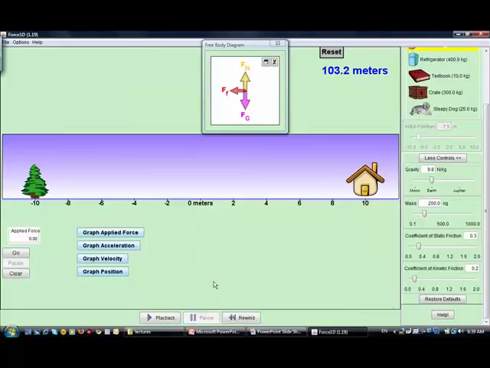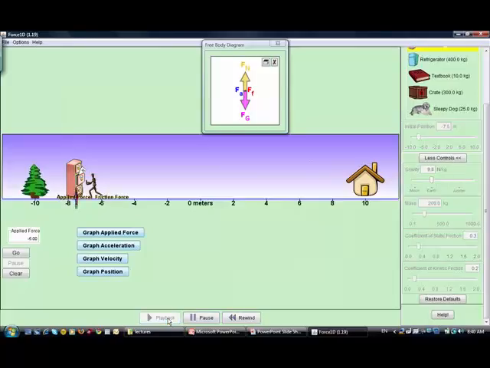One nice thing with this kind of simulation, I can rewind and play it back. What I want you to pay attention to is the fact that friction kept increasing until a certain level, and then suddenly it stopped increasing. Actually, if you pay attention, it suddenly dropped in value. And my fridge started accelerating.